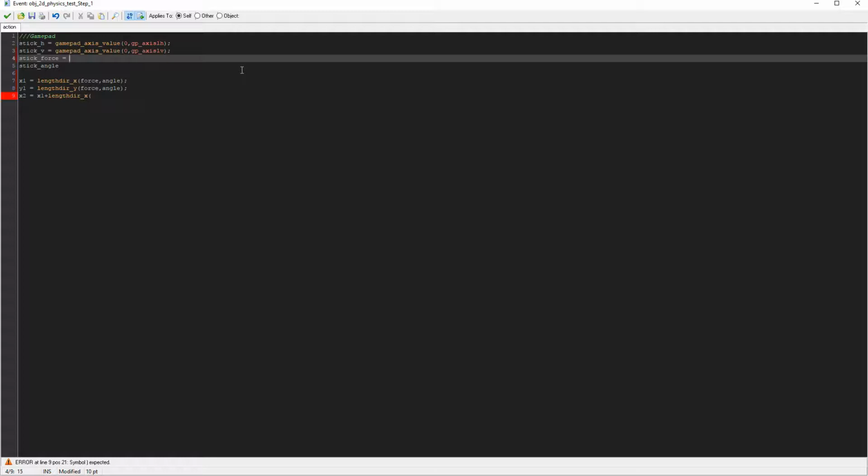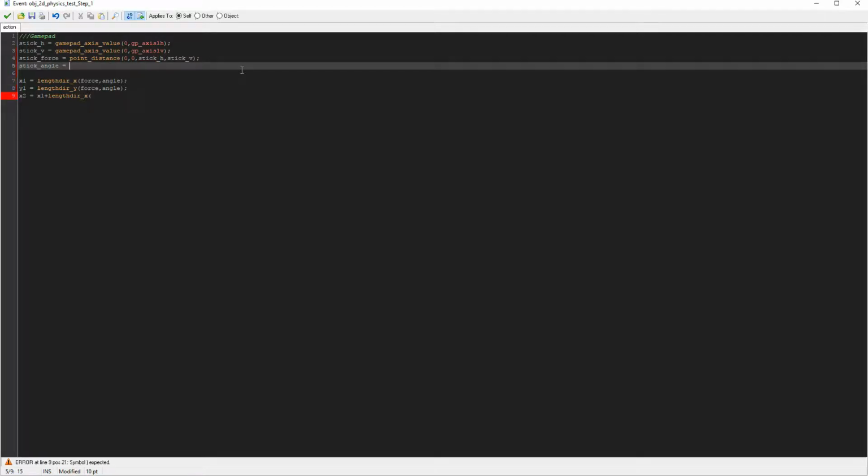Stick force equals point distance, distance 0, 0, stick H, stick V. Okay, that's our stick force.